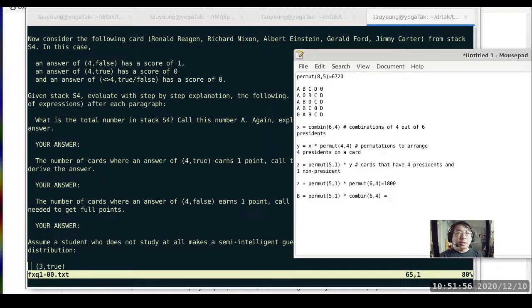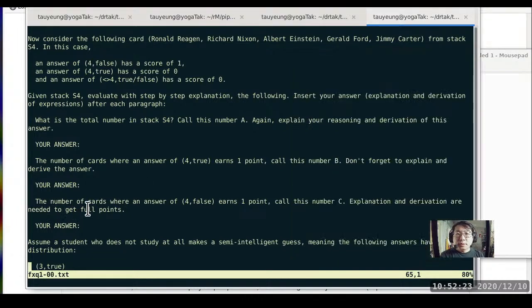The other ways of arranging are all incorrect. But we only want to look at the ones where the ordering of the presidents is correct. So I'm just going to go to my spreadsheet and calculate this. So permut 5, 1 times combin 6, 4 is 75. All right, there we go.